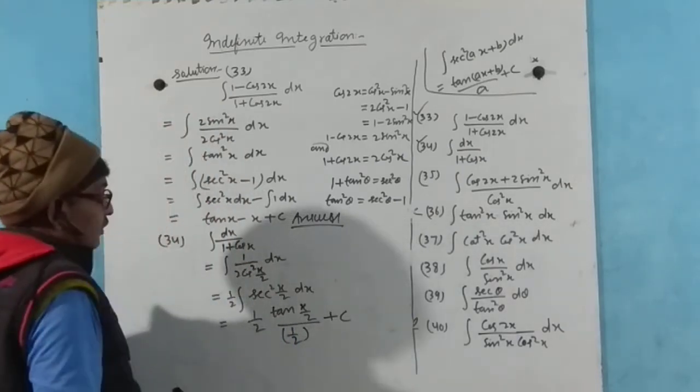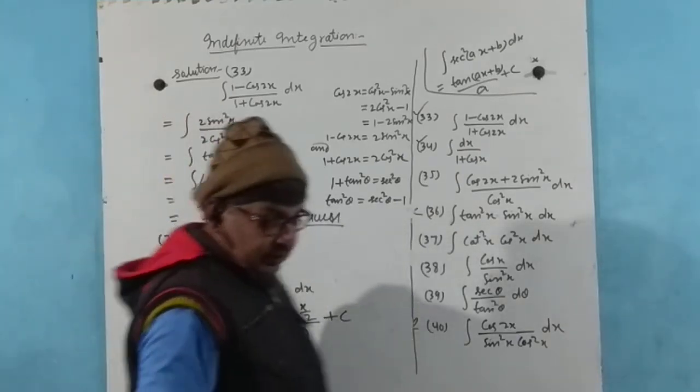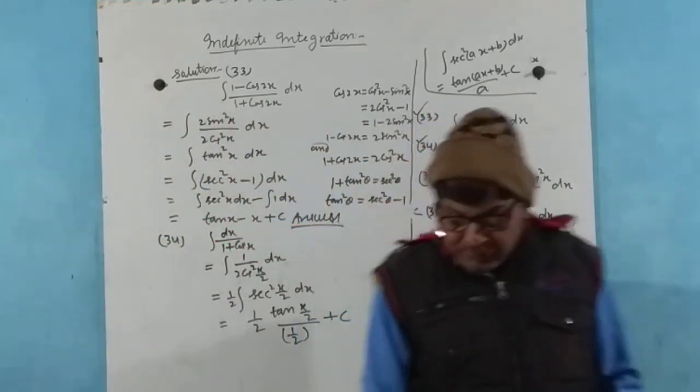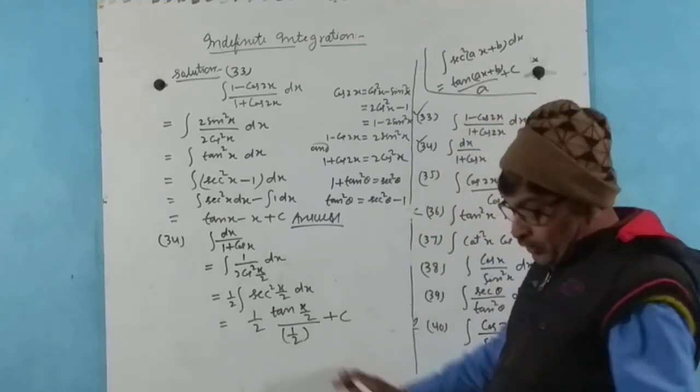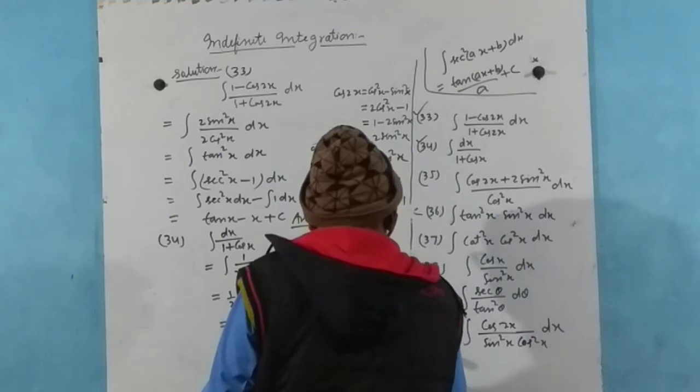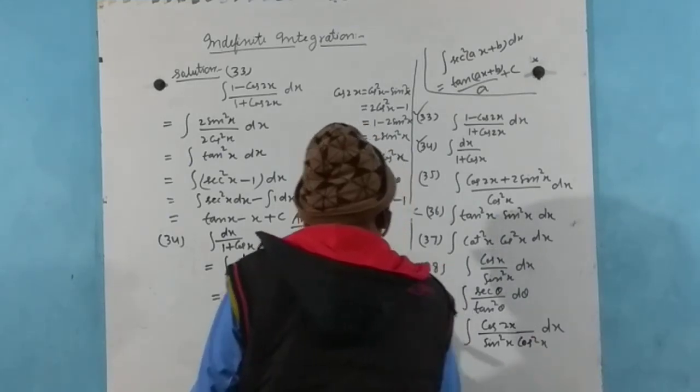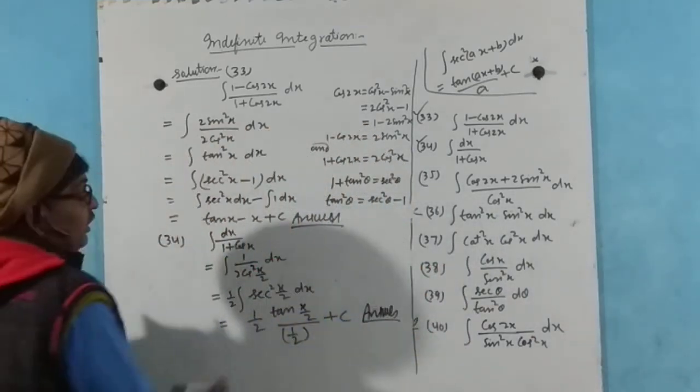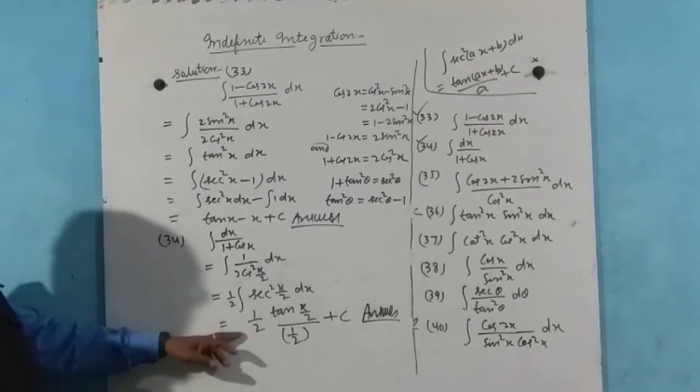The integration of this is half tan x by 2 divided by half plus c. This will be the answer here.